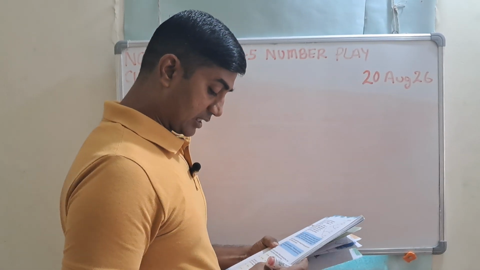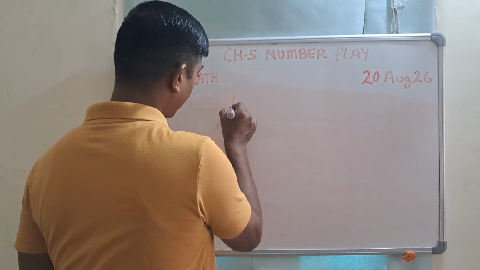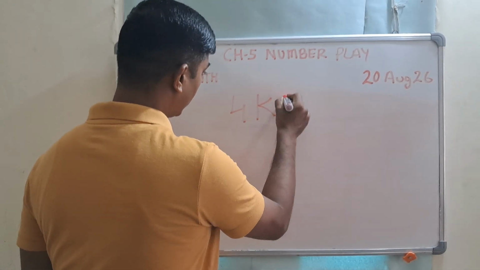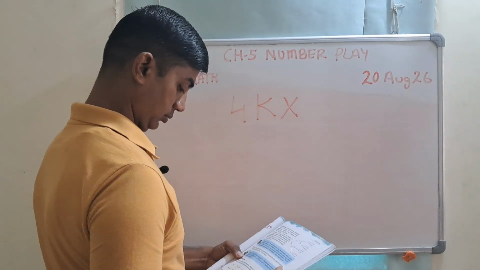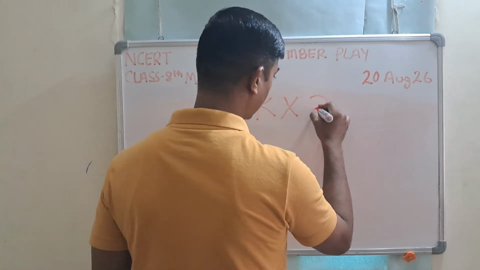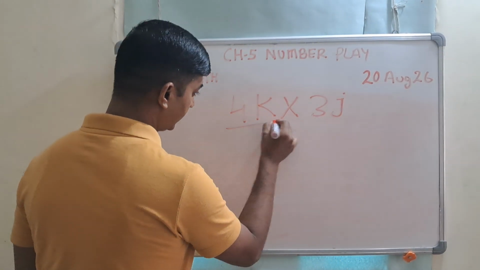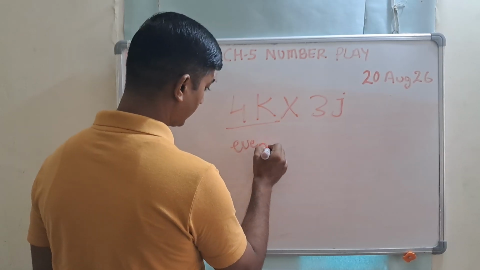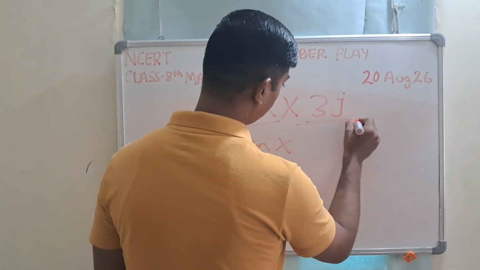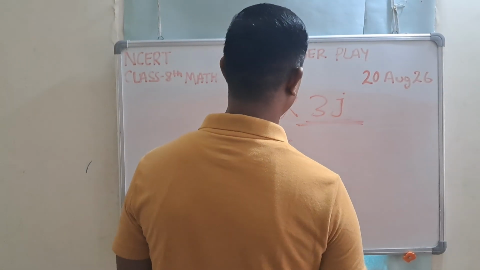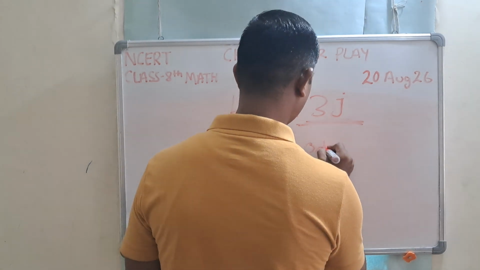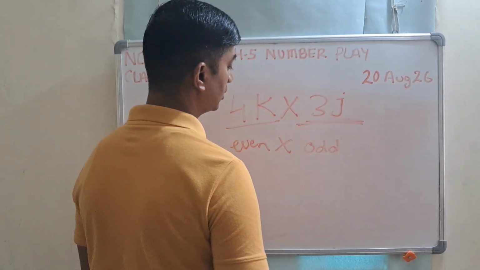Now we will see the last expression, that is 4k into 3j. What is this result? This is your even and this is your odd. Understood?